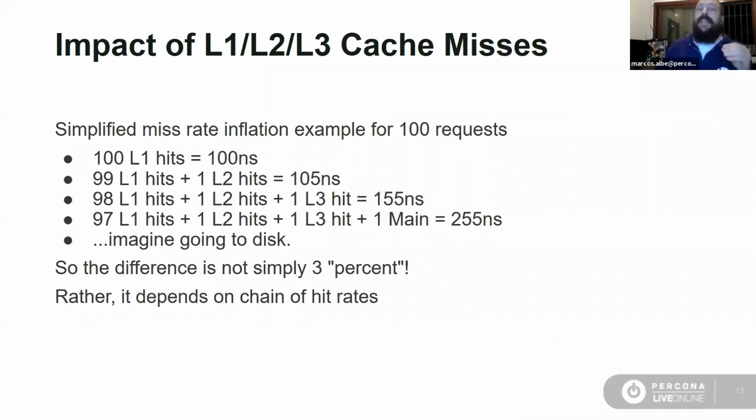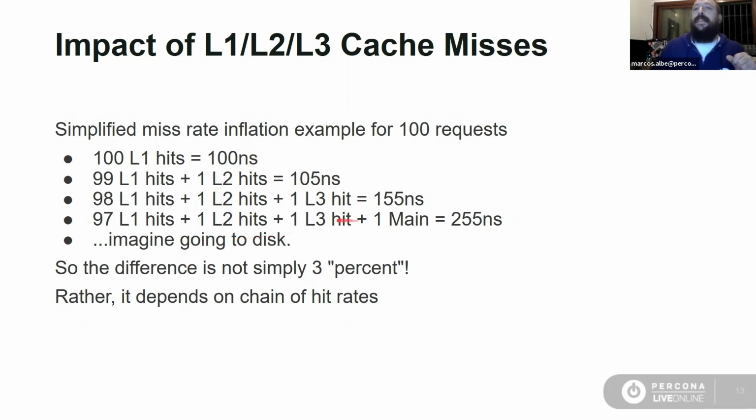When we have 100 requests, if all of them hit the level 1 cache, we will spend 100 nanoseconds. But if only one of them misses the level 1 cache, then it won't be 101 nanoseconds, but it will be 105. And if the data is not sitting in the level 2 cache, but rather in level 3, then it will be 155 nanoseconds.